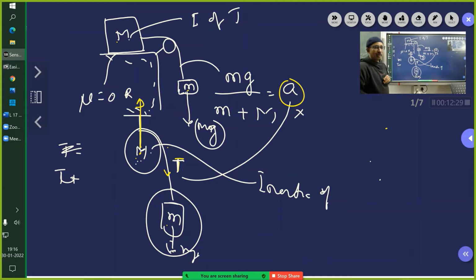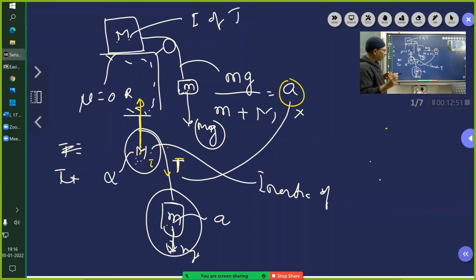So therefore you have to consider the torque of this on this, and due to this torque there will be angular acceleration of this. And due to this force there will be translatory acceleration of this.